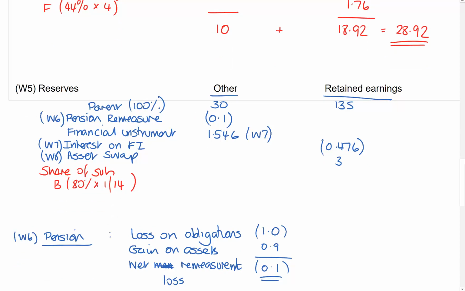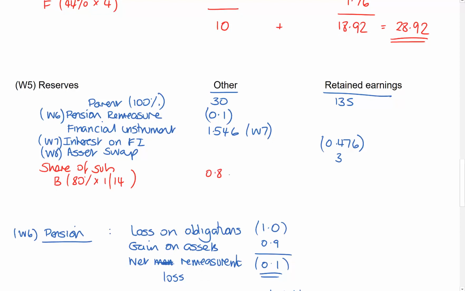So 80% of 1 is 0.8. 80% of 14 works out as 12.6. And for fit, the group share is 56%. 56% of what? Other reserves have increased by 0. So 56% of 0 is 0. Retained earnings have increased by 4. 56% of 4 is 2.24.